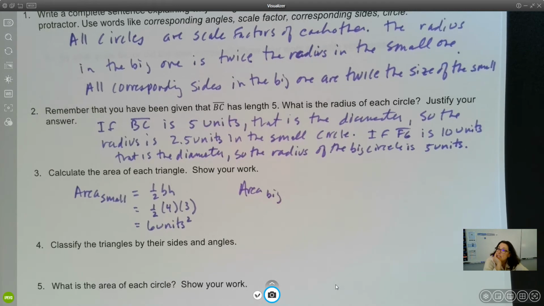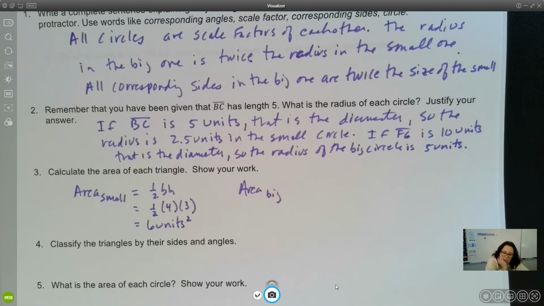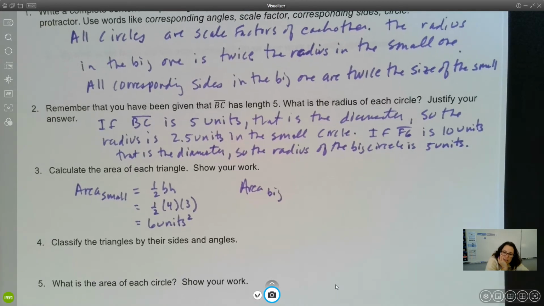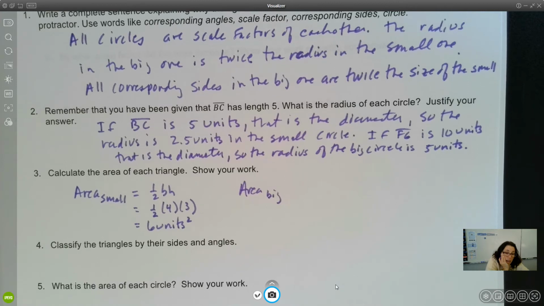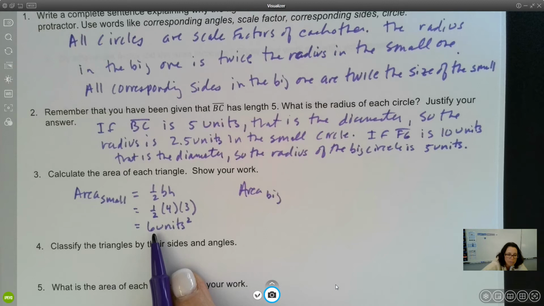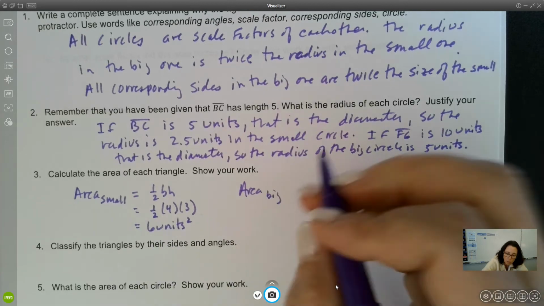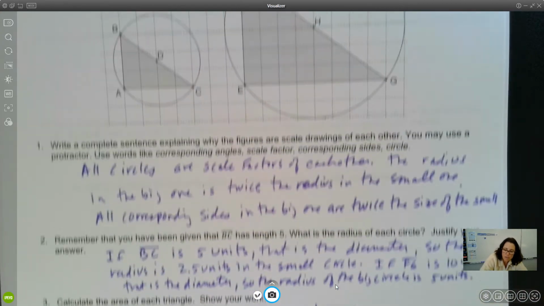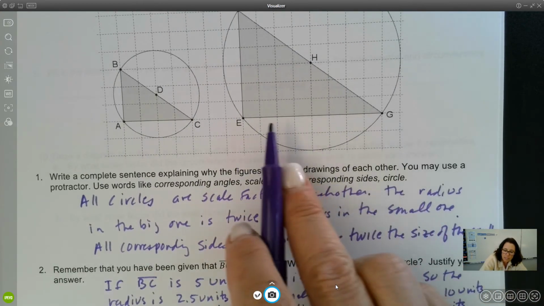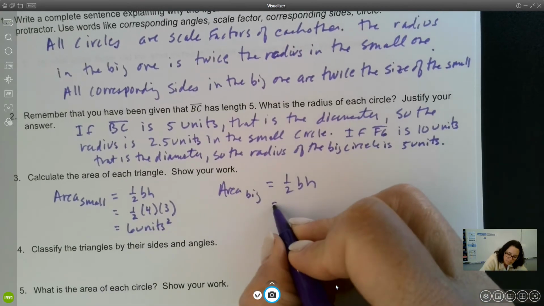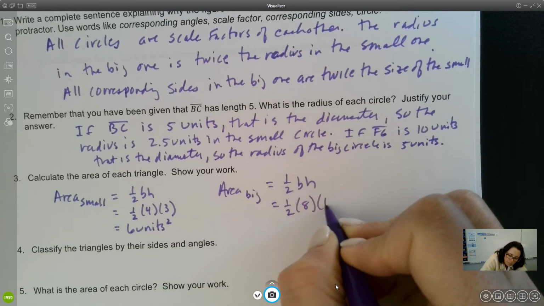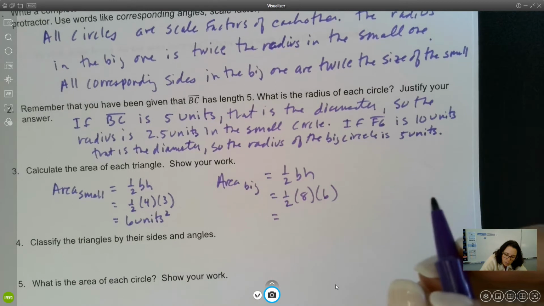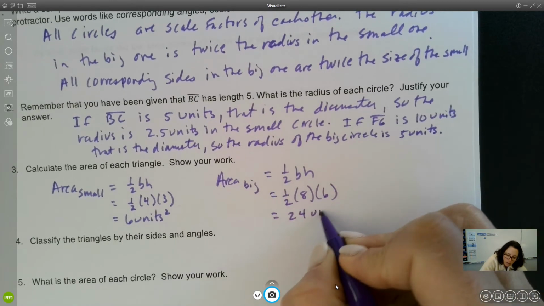We know from a prior section that when a side length is doubled, the area should be 4 times as big. So I'm predicting 24 units squared is the area of the big one. Let's take a look. The base of the big one is 8, and the height is 6. So that would end up being 24 units squared.